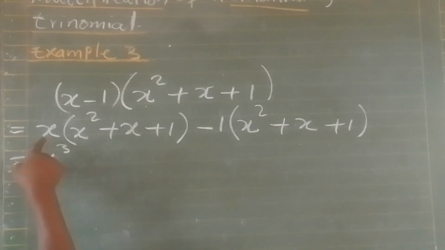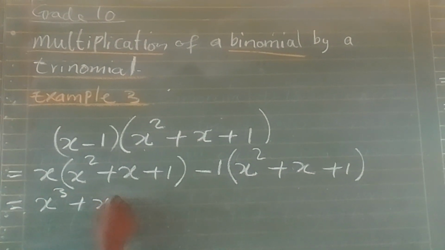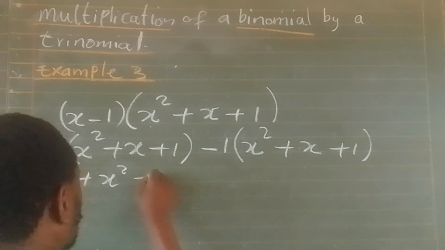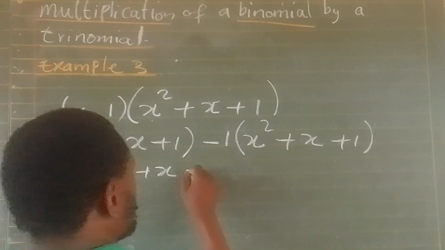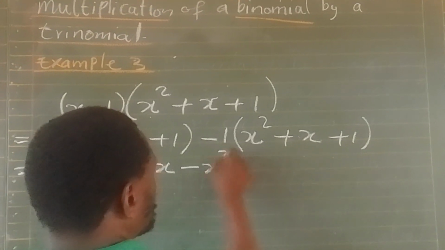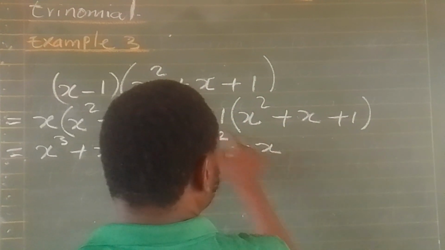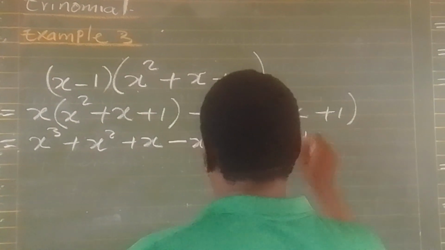X cubed, x times x plus x squared, x times 1 plus x, minus 1 times x squared, minus x squared. Minus 1 times positive x, minus x. Minus 1 times positive 1 is minus 1.